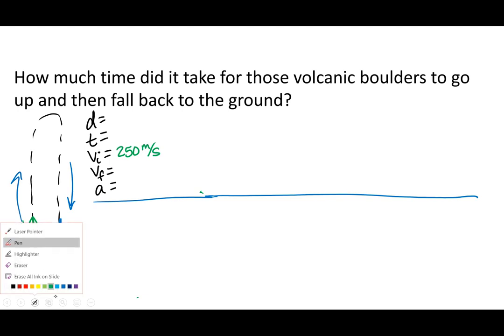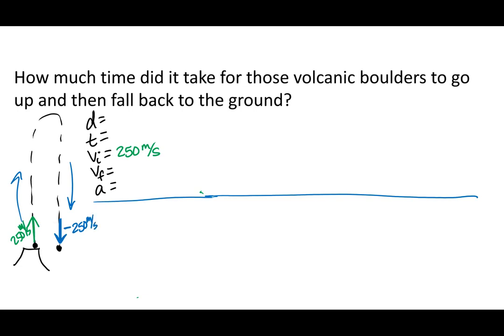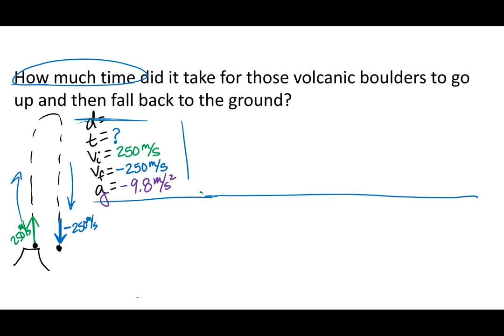And when it comes back down, it will come down at 250 meters per second. So for the full motion, the VF is going to be negative 250 meters per second. We always know A. A is G, negative 9.8 meters per second squared. And we are looking for how much time, so that's our question mark. And so we don't care about D.